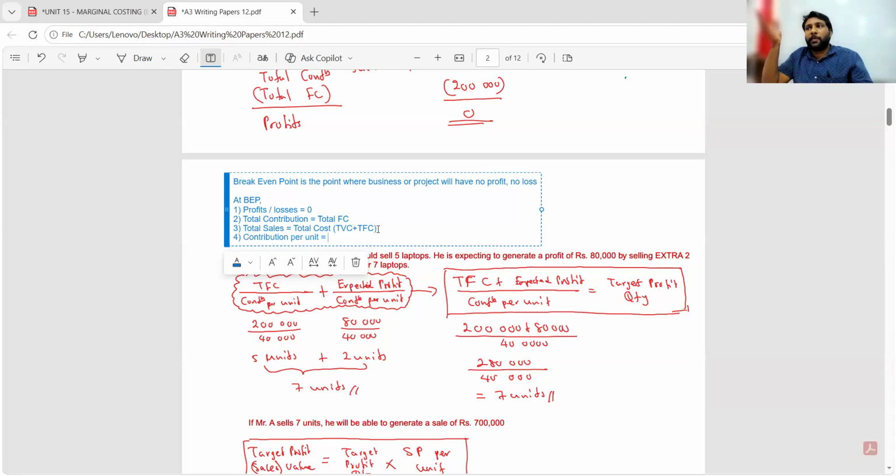People listen. At break even point, total contribution is equal to the total fixed cost. Yes or no? Then contribution per unit should be equal to what? Fixed cost per unit. Contribution per unit equals fixed cost per unit.